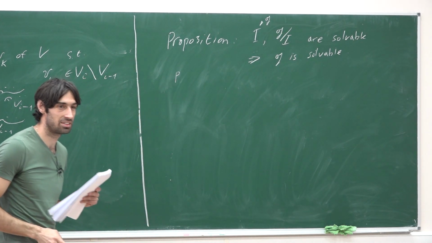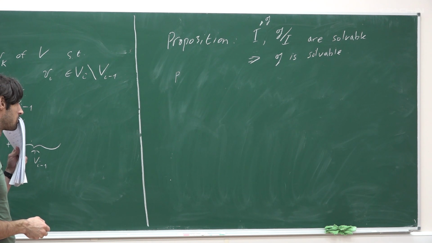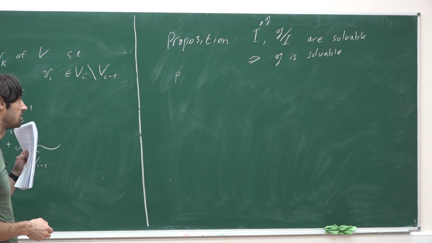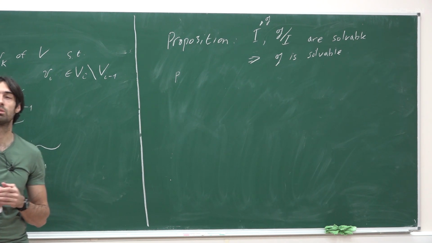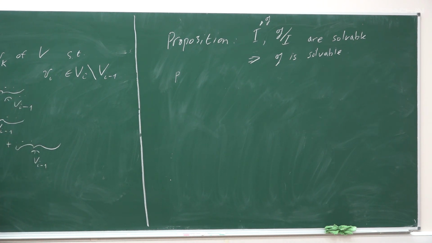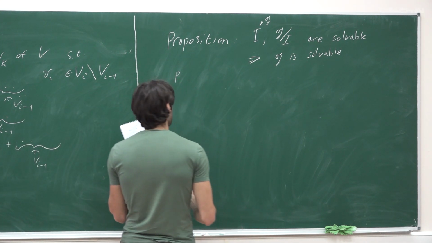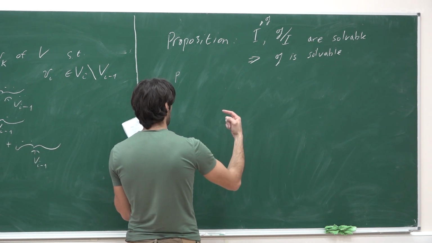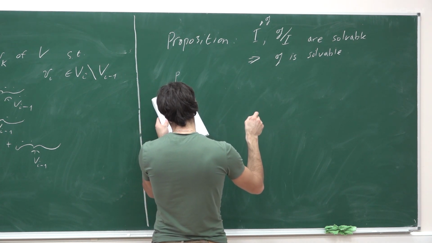If my G is solvable and I have an ideal inside, then it is also solvable, if and only if. But this direction is really obvious, so let's prove this direction, which is again not hard.